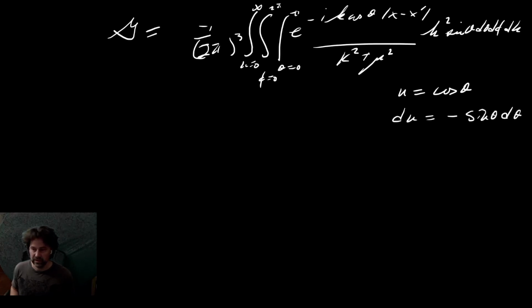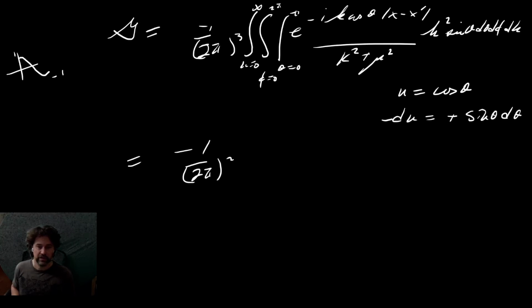So sine theta d theta is minus du. And we have cos theta going from 1 to minus 1.